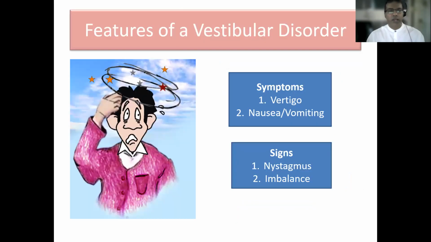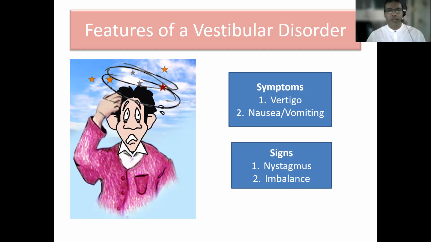Okay. So what are the features of a vestibular disorder? Very simply put, we can divide the signs and symptoms into two each. Symptoms: when there's a difference in the vestibular input, one, we get vertigo, because the cerebral cortex perceives that the body is not in its proper orientation in space.